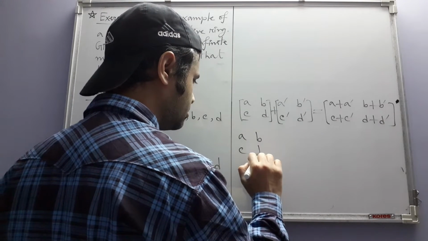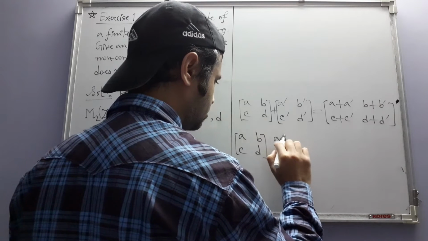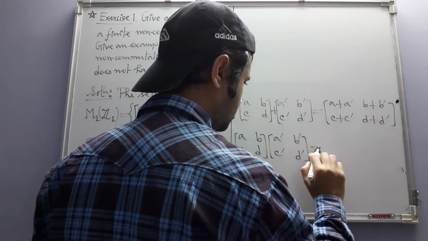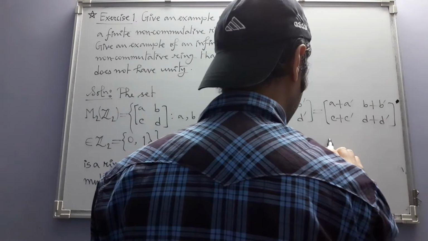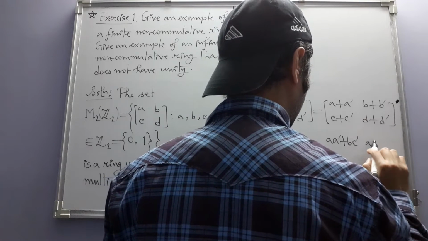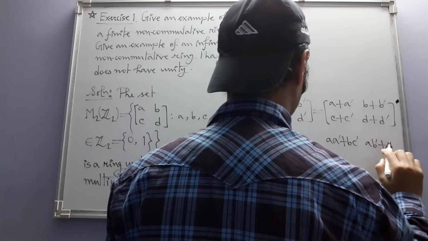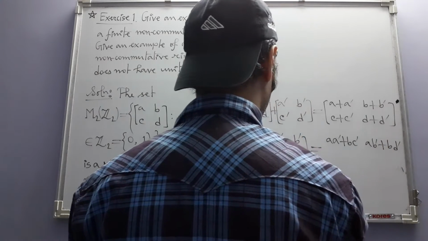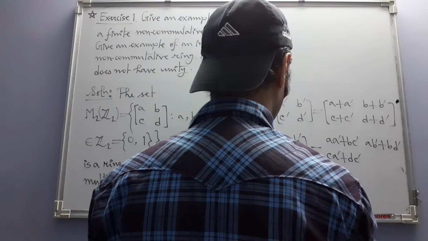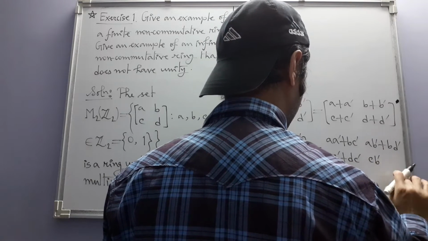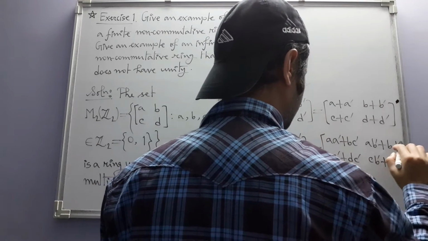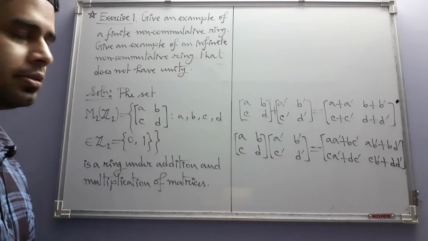And when we multiply two such matrices, then the product looks like this: aa prime plus bc prime, ab prime plus bd prime, ca prime plus dc prime, and cb prime plus dd prime. We already know these things.